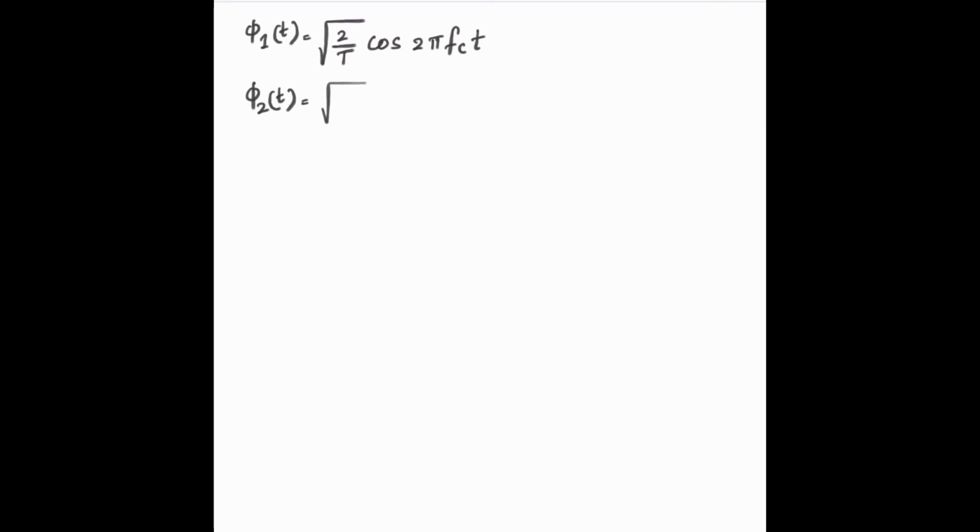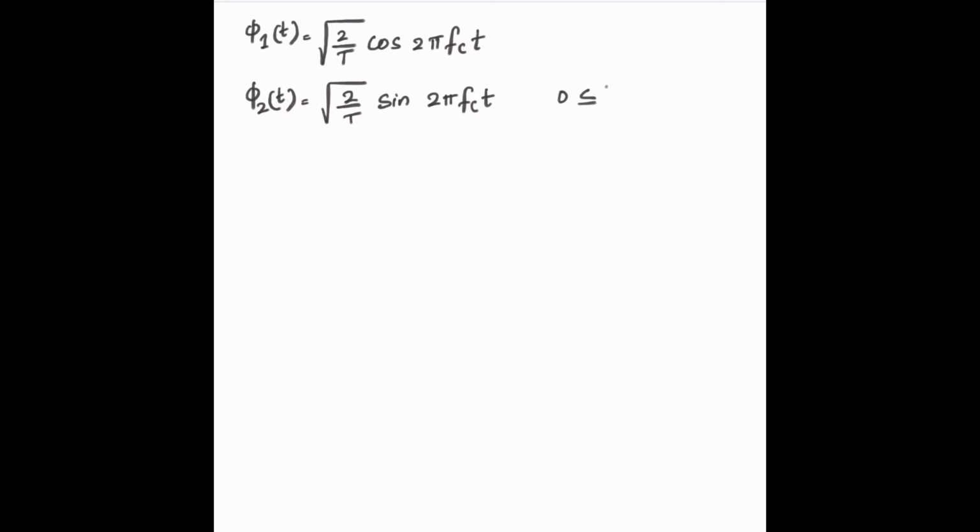The basis functions phi1 of t and phi2 of t can be written as follows. If you compare the equation, phi1 of t will be equivalent to root of 2 by T into cos of 2 pi fct, and phi2 of t will be equivalent to root of 2 by T into sin of 2 pi fct.